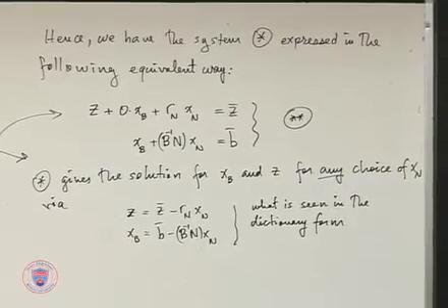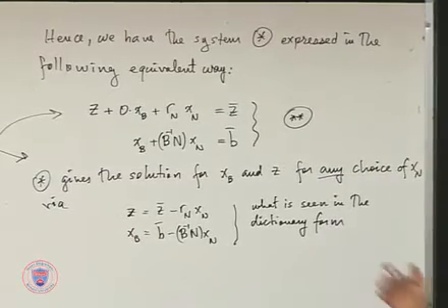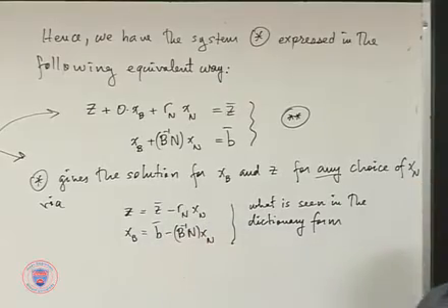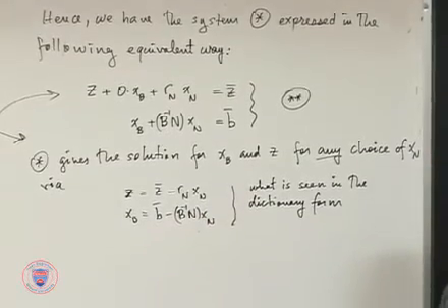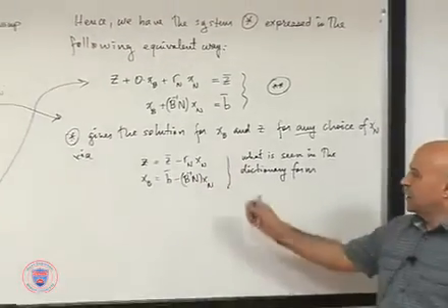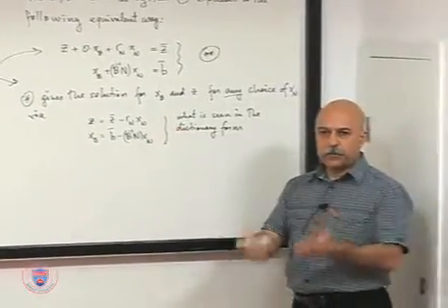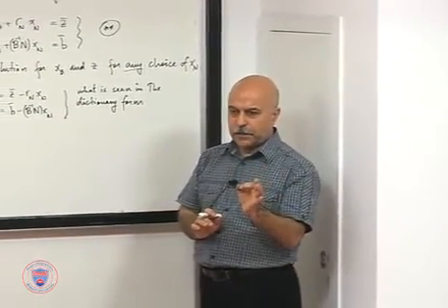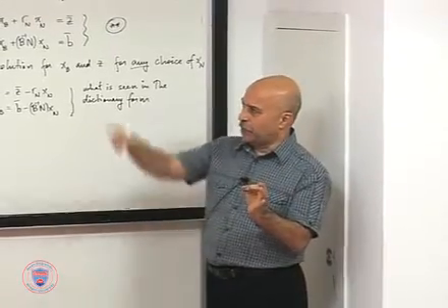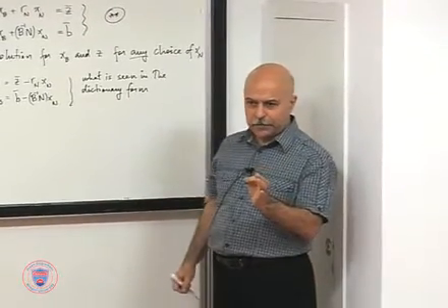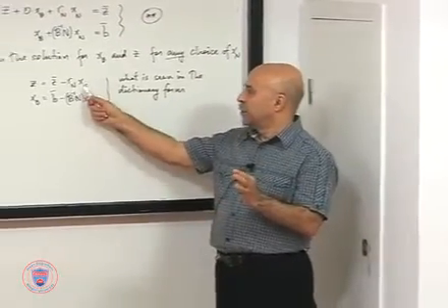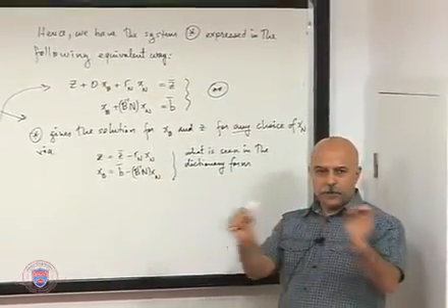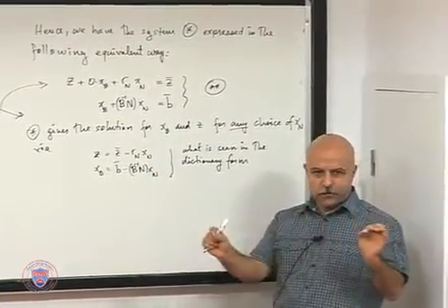So now our interest is the following. Since this gives the dependence of z and xb on the choice of xn, of course, what we want to investigate is it possible to improve the objective function value from the current value z bar downwards? I'm minimizing, so I want to go down, okay? By making xn deviate from its current value, which is all zeros, okay?